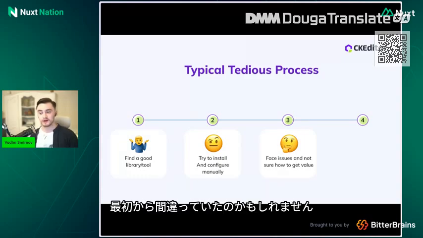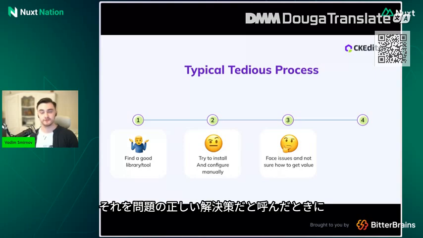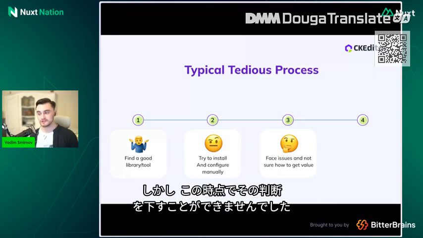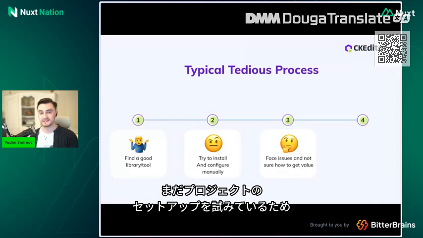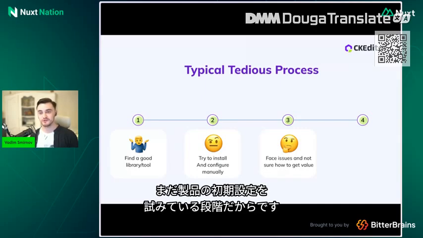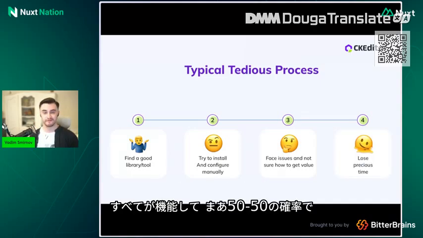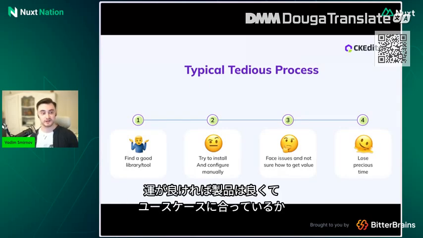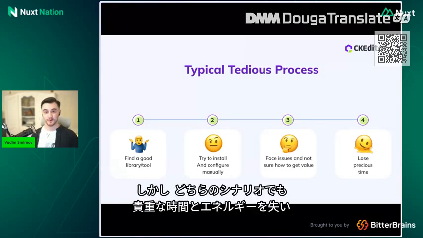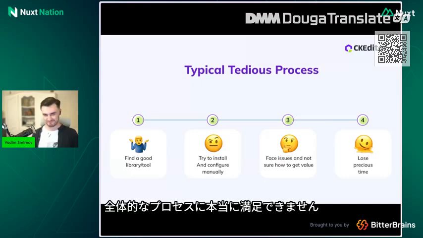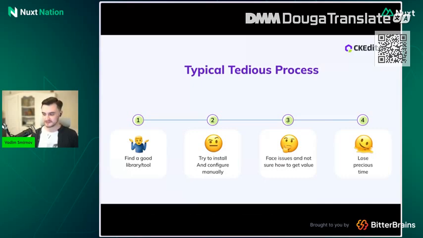Maybe you were wrong at the beginning in calling it the right solution for your problem, but you were not able to make this call at this point because you are still trying to set up the project, still trying to bootstrap the product. As a result, if you're lucky enough, you will have everything functional, and maybe it's 50-50. Maybe the product is good and fits your use case, or maybe not. But in any scenario, you lose precious time, you lose energy, and you're not really satisfied with the overall process.